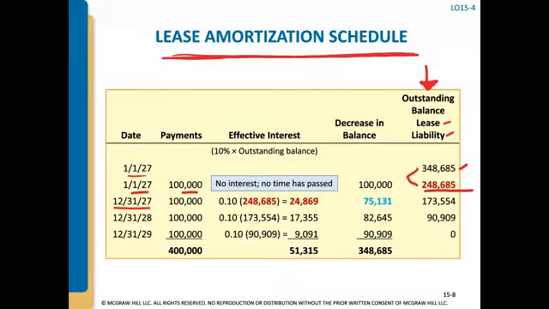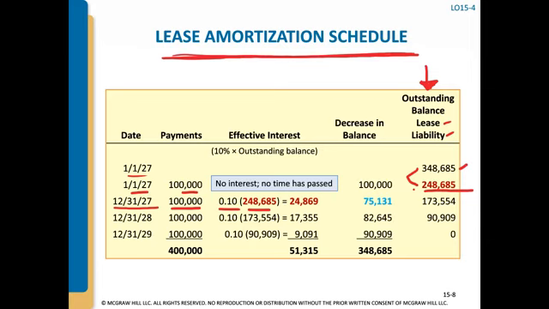On 12/31/27, again, we're making our second payment of $100,000, and we need to figure out the interest component versus the amortization expense component of this asset. For this lease, we're going to take our effective interest rate that we're given of 10% multiplied by the beginning carrying value, which at 12/31 is the beginning carrying value of the lease liability, $248,685.